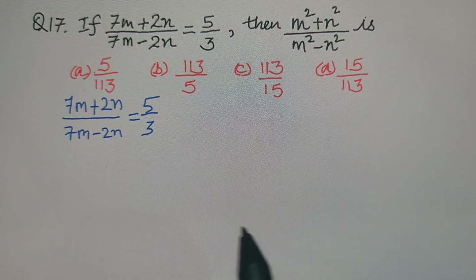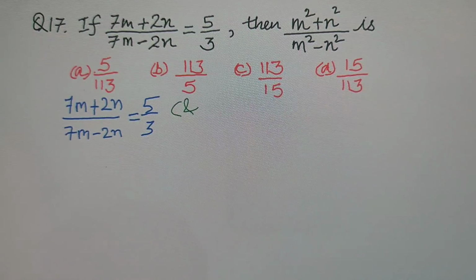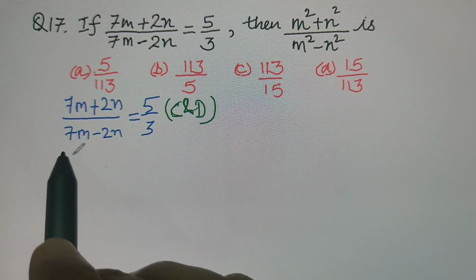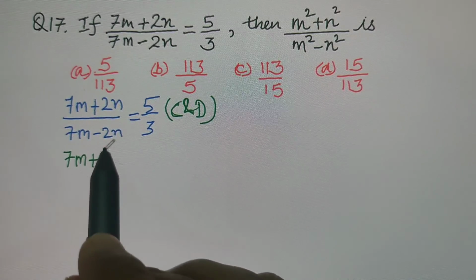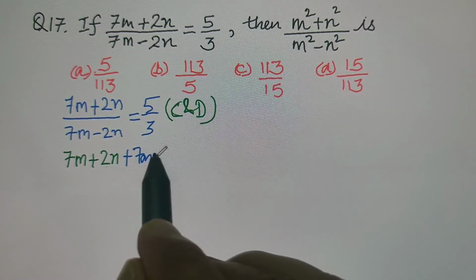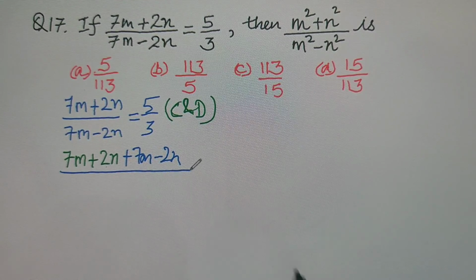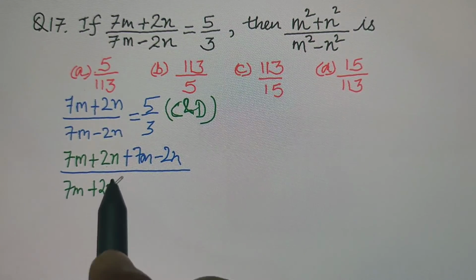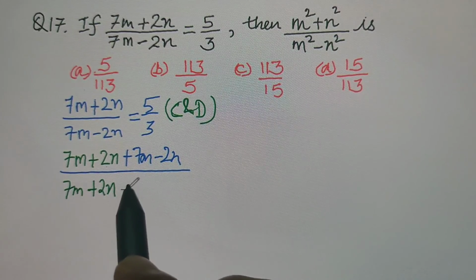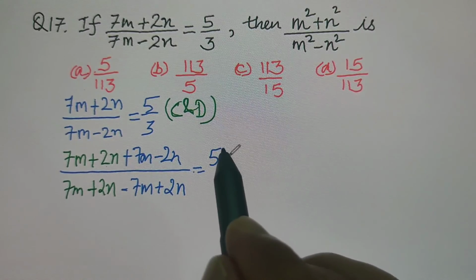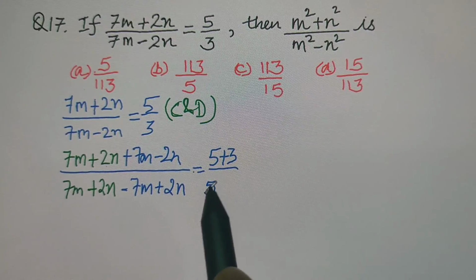Fine. Now by componendo and dividendo, C and D, this can be written as 7m plus 2n plus 7m minus 2n upon 7m plus 2n minus 7m plus 2n, which is equal to 5 plus 3 upon 5 minus 3.